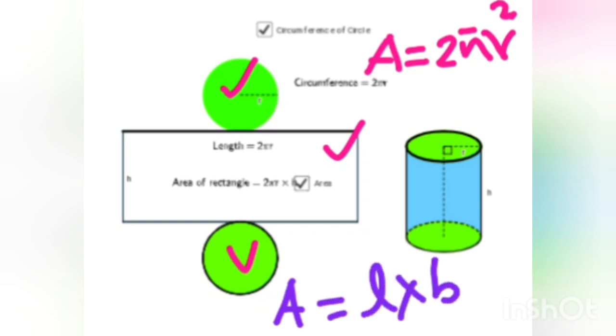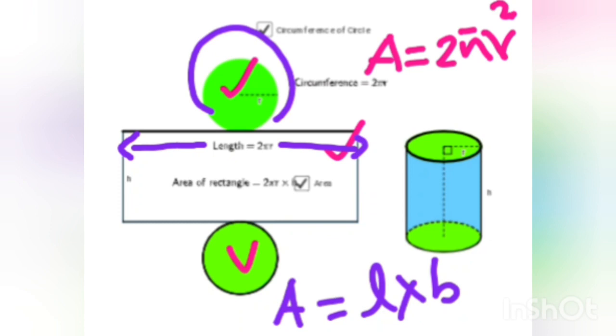Area of rectangle will be L into B. Here the length will be 2 pi r because this portion was opened, and its breadth will be height.